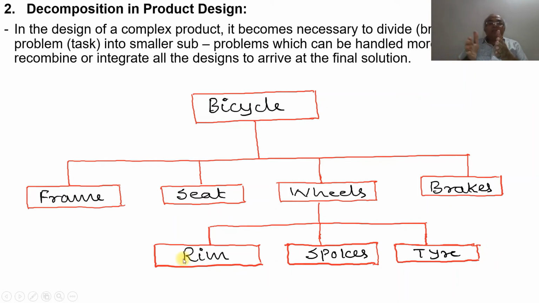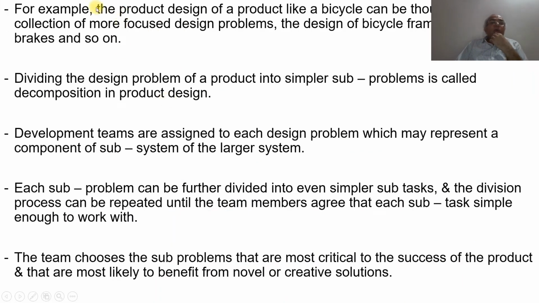So each one has been divided into sub-problems. This is the main problem, and these are all the sub-problems, which will be addressed, and we get all the designs and integrate them so that you get the product, which is the bicycle.